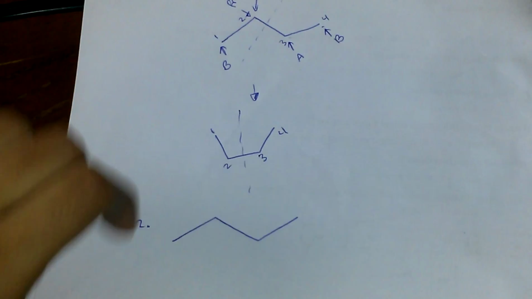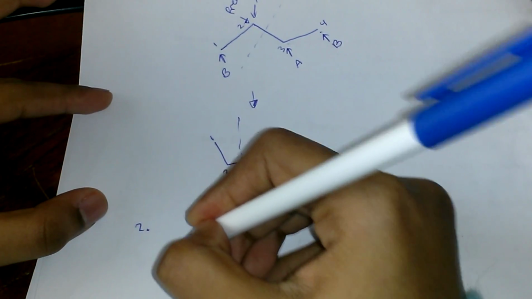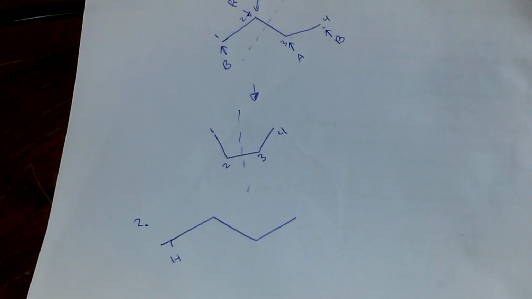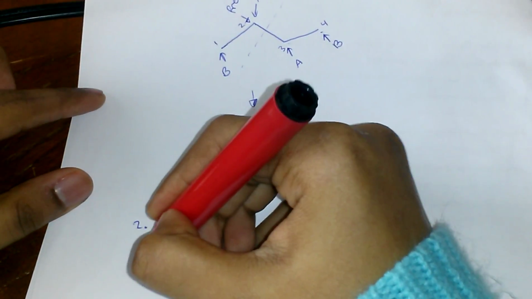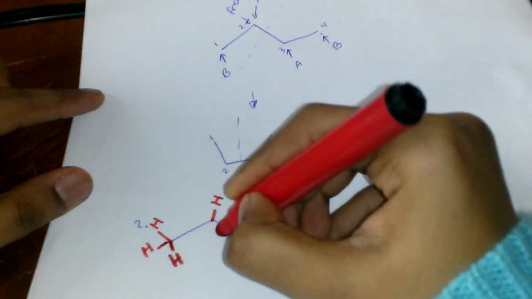So it's like butane. Now what I'm going to do is label all the hydrogens in here. Actually, I'm going to use a red marker. So there's a hydrogen right here, so 3 hydrogens right here, 2 right here.